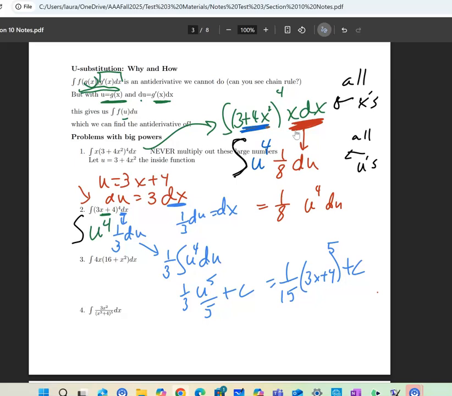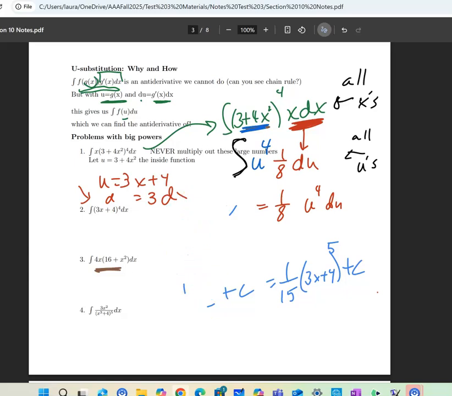Okay. This one here, you could do a couple of different ways. I could do a u substitution, but I want you to always be looking out, because not every problem is going to be u substitution. Can you see that this does not have an exponent here, no power? Can I just multiply this out? I can. I get 64x plus 4x cubed.